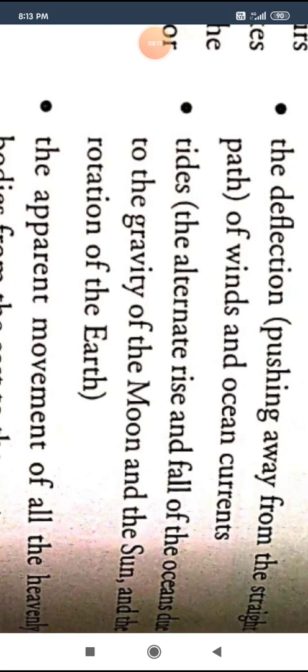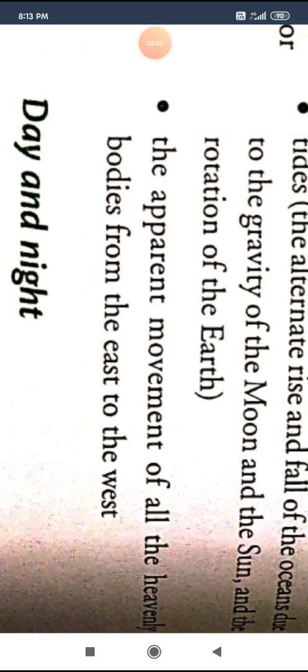What is the reason? This is called the tides. The alternate rise and fall of ocean water is called tides, and tides are formed due to the gravity of the moon, the sun, and the rotation of the earth.